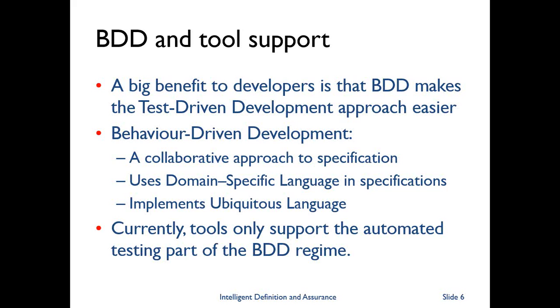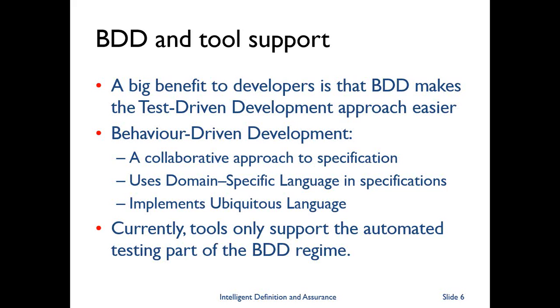So BDD encourages the use of domain-specific language right throughout, from the requirements through to code. And the buzzword that you'll hear increasingly, I think, is this concept of ubiquitous language. That is, the language used in requirements could be recognized even down to the code level. And this encourages better communication throughout our project between business people and technical people.